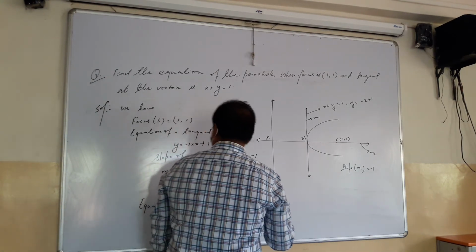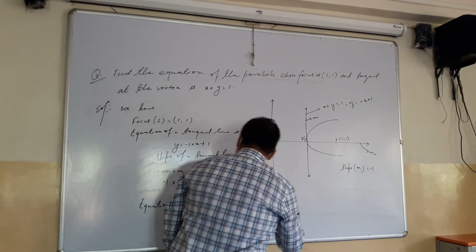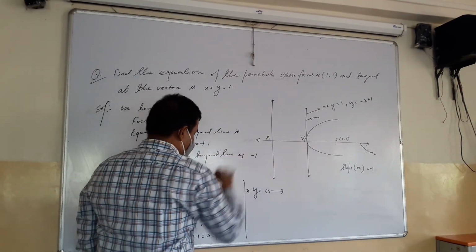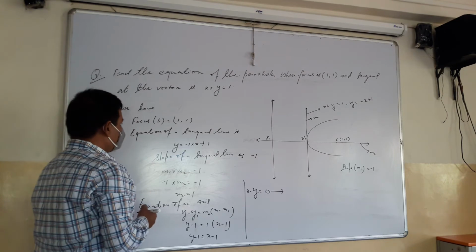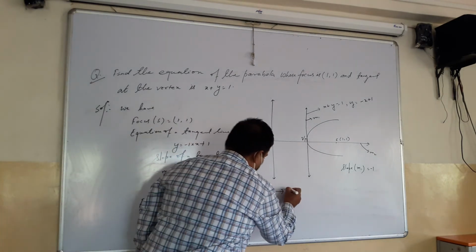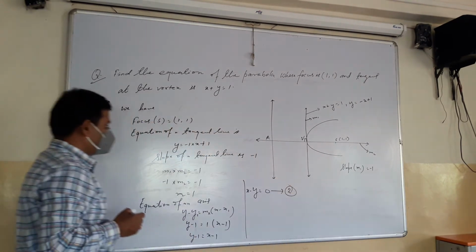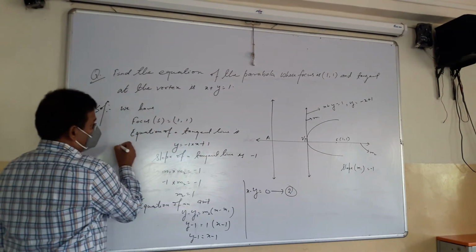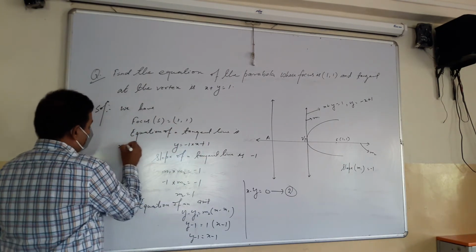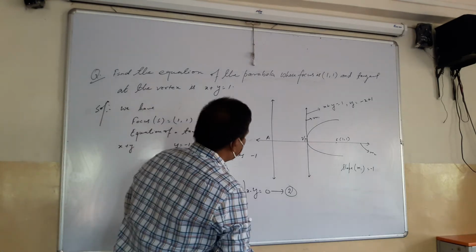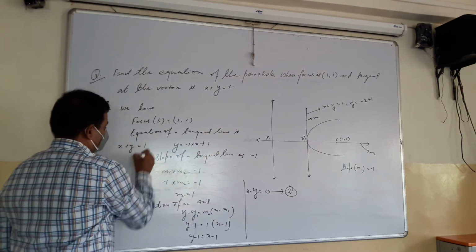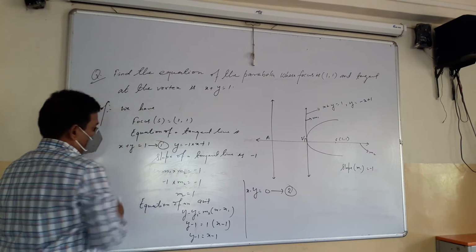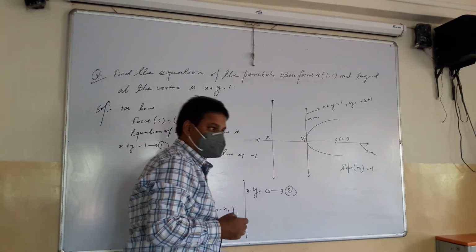Suppose this is equation number 2. And the equation of the tangent line is x plus y equal to 1. So this is equation number 1 and this is equation number 2.